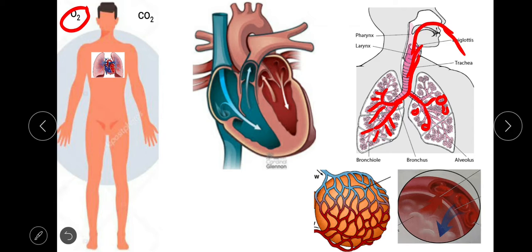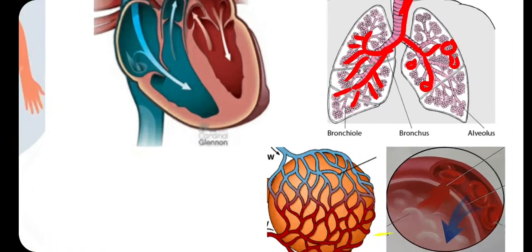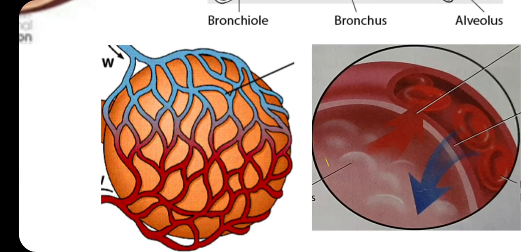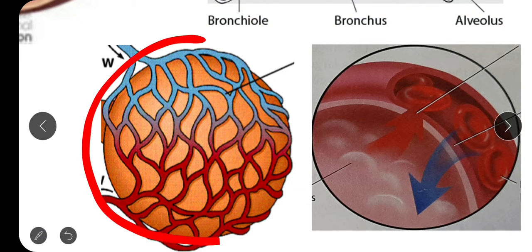Okay. Now, since oxygen is still in the alveoli, how will this oxygen reach all parts of the body? Now, the next system enters the process. We have the circulatory system. Now, kindly check that the alveoli are surrounded by a network of capillaries.